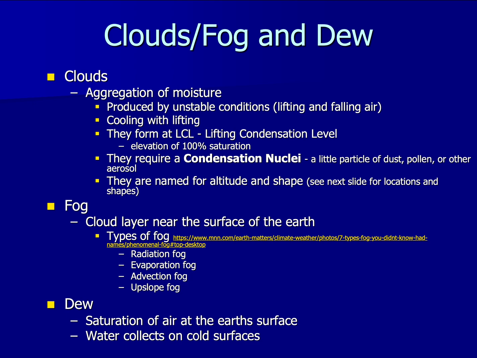We're not going to get into all of the ways that I have listed here for the genesis of clouds, the radiation, evaporation, advection, and upslope mechanisms of fog production, but fog is just a low-level cloud. If you can create clouds at high elevations when the temperature is cool enough, at low elevations you're going to produce a cloud at that level.